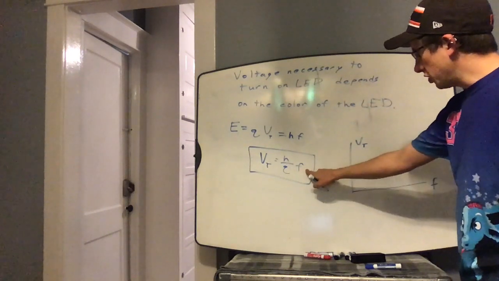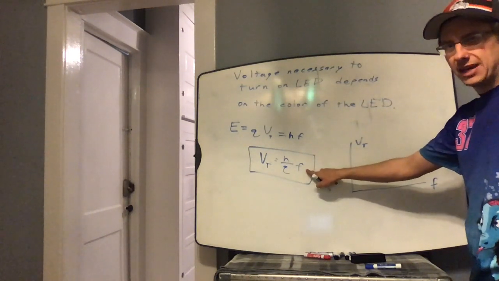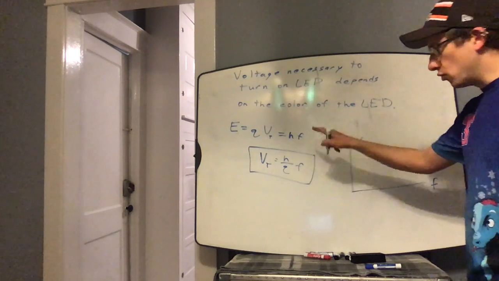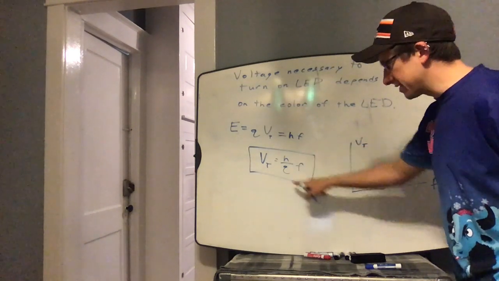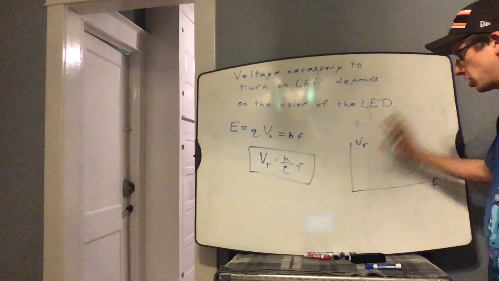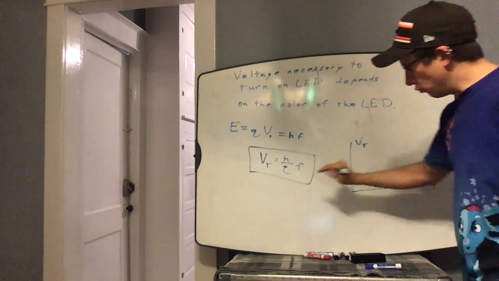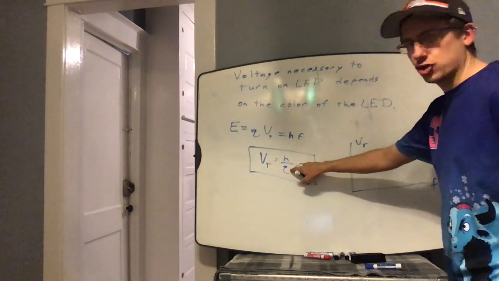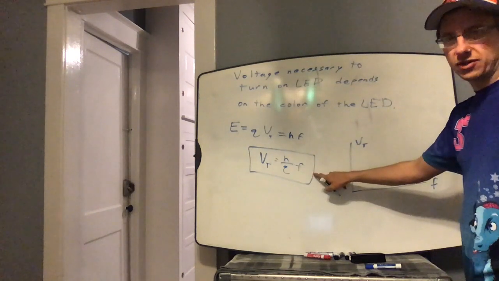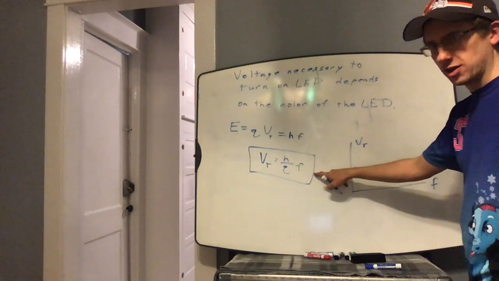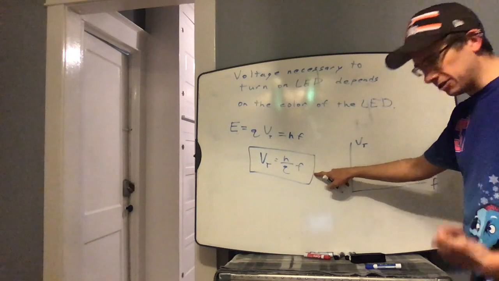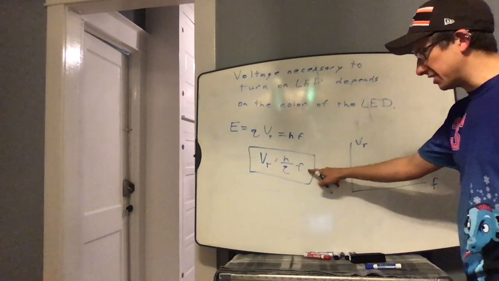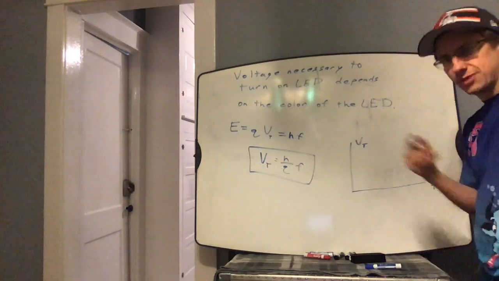Think about what shape this plot should have, and think about how Planck's constant fits into the shape of this plot. We assume we know the charge of the electron. F is something we could calculate because we know the colors of the LEDs and we know the wavelengths of the LEDs. And VT is something else we calculate.